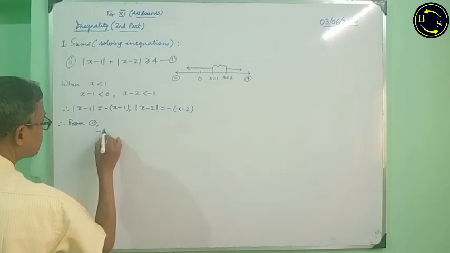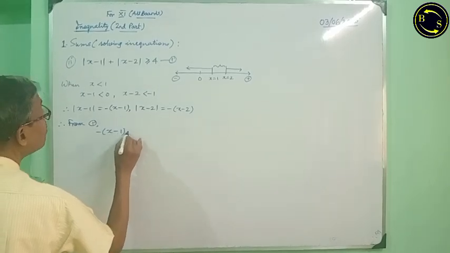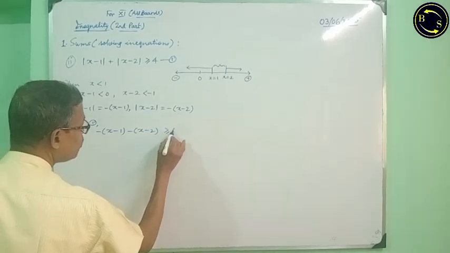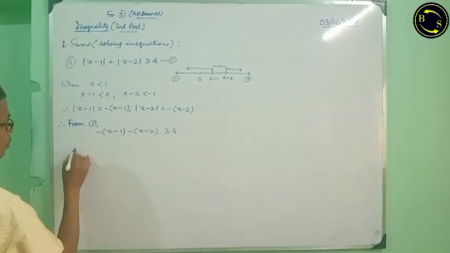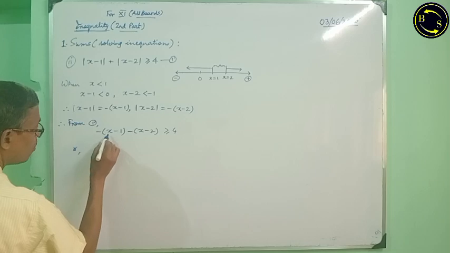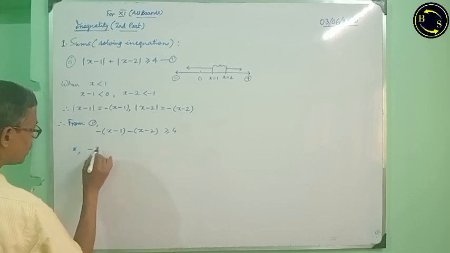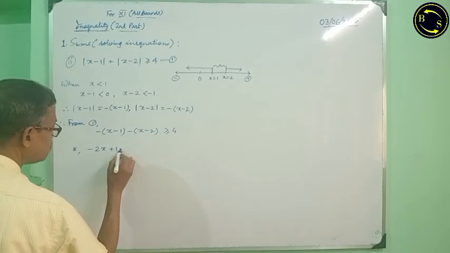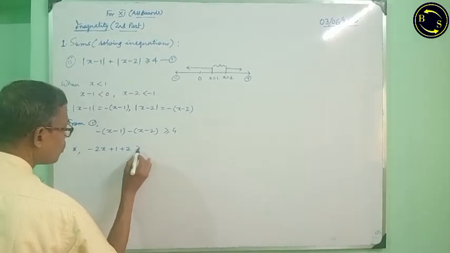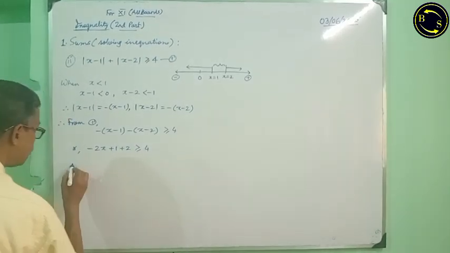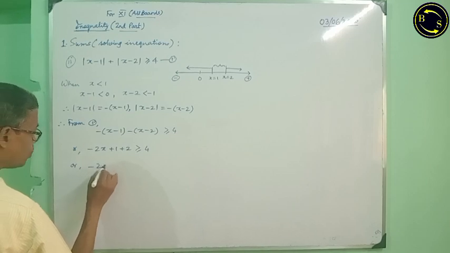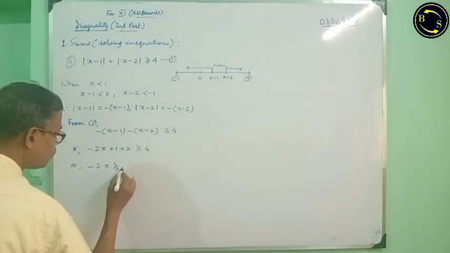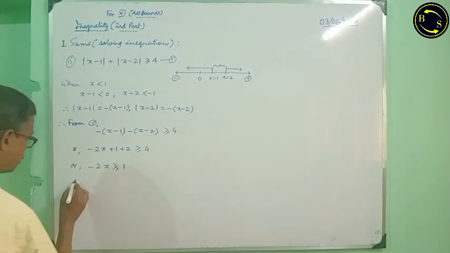Therefore, from 1, minus of x minus 1 minus of x minus 2 greater than equal to 4, or minus x minus 2x plus 1 plus 2, or minus 2x plus 3 greater than equal to 4.